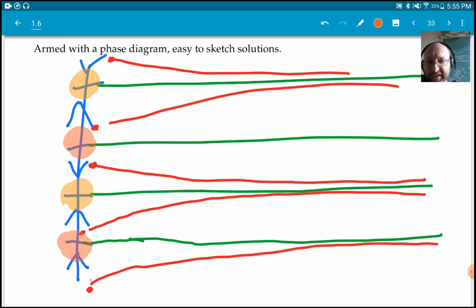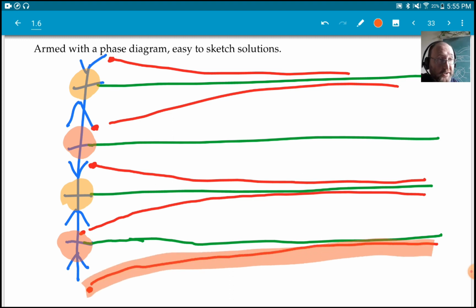This one is half stable. Sometimes it's called semi-stable. I go up here, I do approach from below. So if I start at this equilibrium solution and I nudge it down a little bit, it will go back to my equilibrium solution. But if I nudge it up a little bit, it goes off, right?